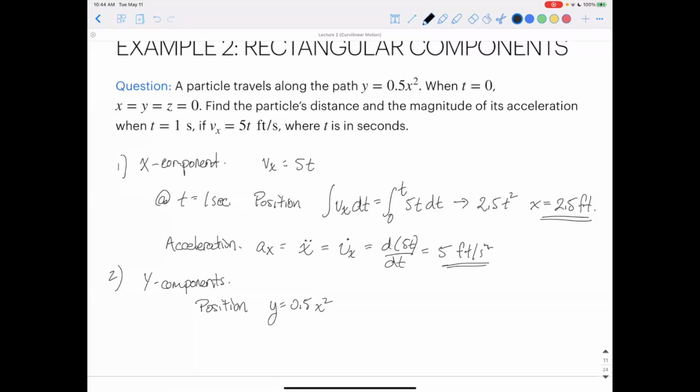So when t is equal to 1 second, we know that x is 2.5 feet. We substitute x is equal to 2.5 feet, 2.5 squared, and that would give us 3.125 feet. That's our y position.